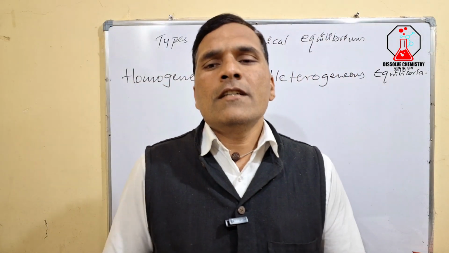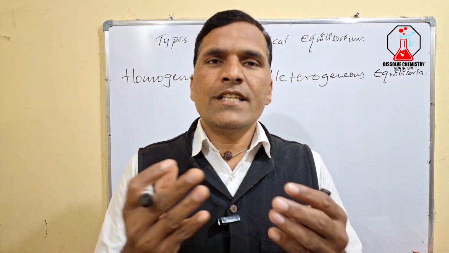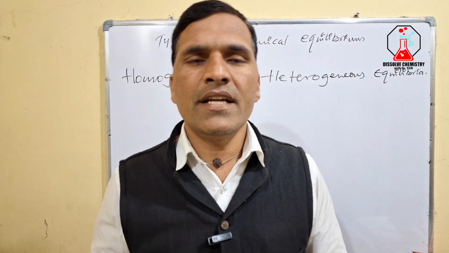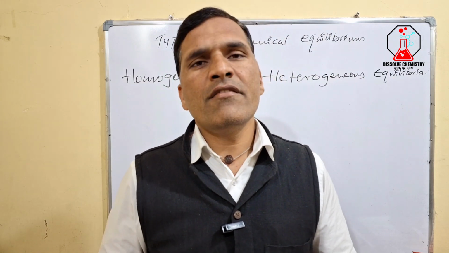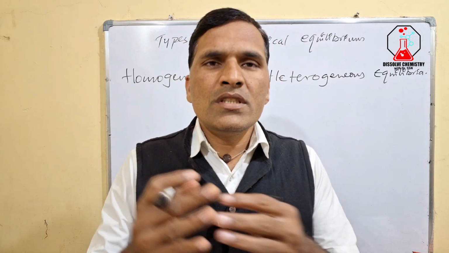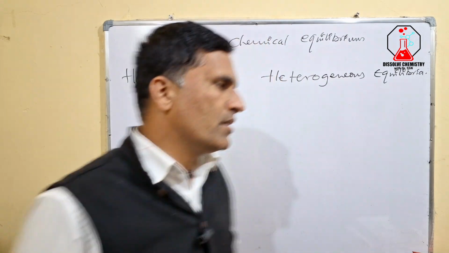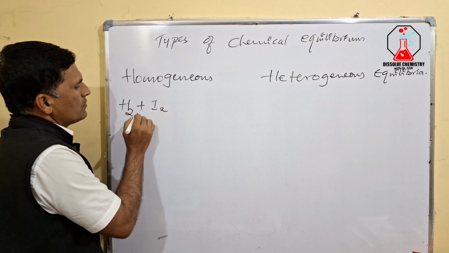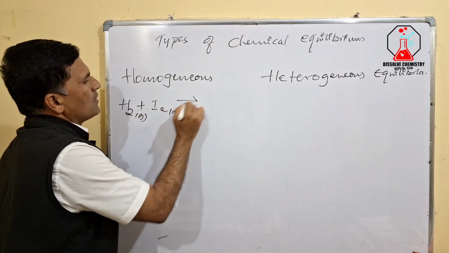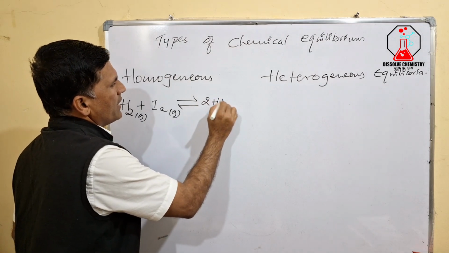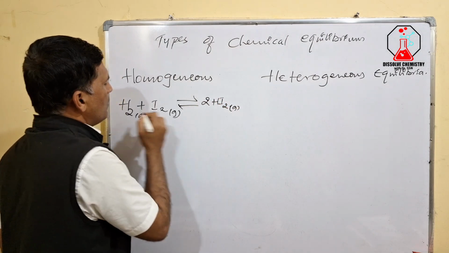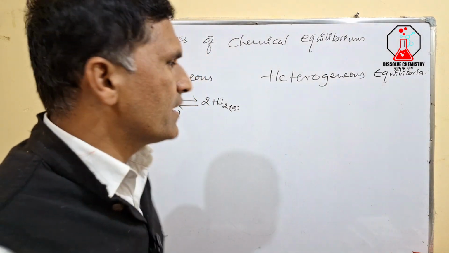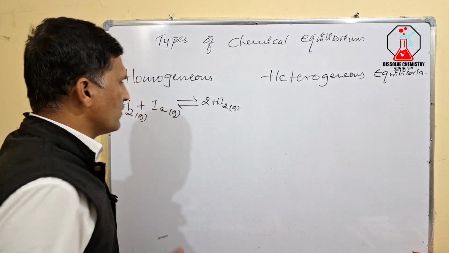If the reactants and products at equilibrium are existing in a single physical state or single phase, then we call it homogeneous equilibria. For example, H2 combines with I2, both in gaseous state, reversibly to give 2 moles of HI gas. Here all three components of the reaction are gaseous in state, therefore we call it homogeneous equilibria.